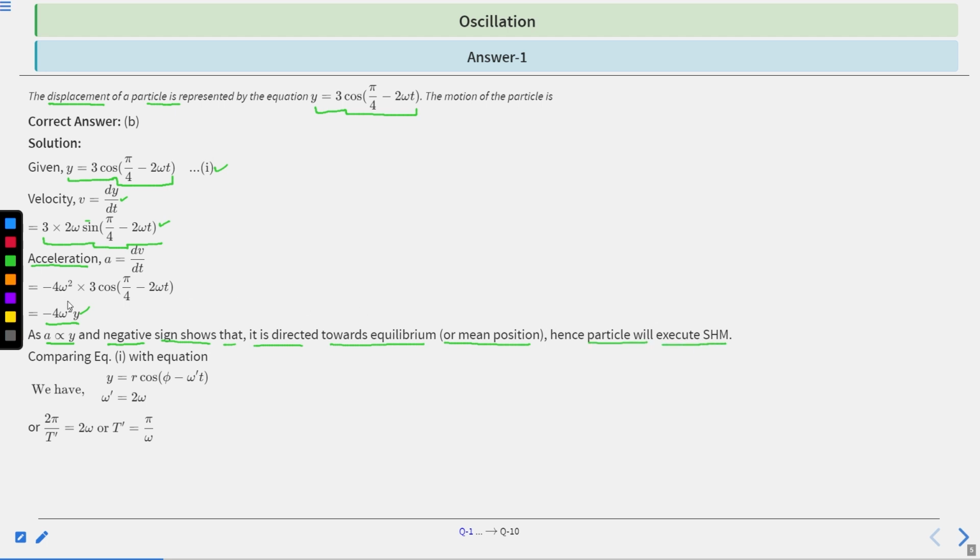This negative sign shows that the particle is directed towards equilibrium or mean position.